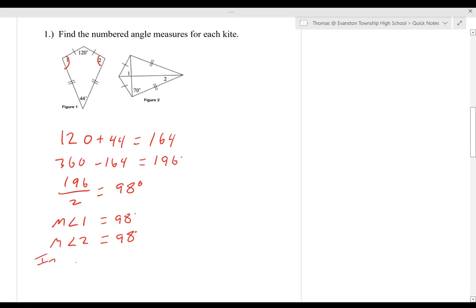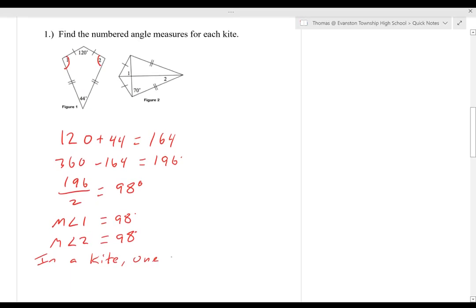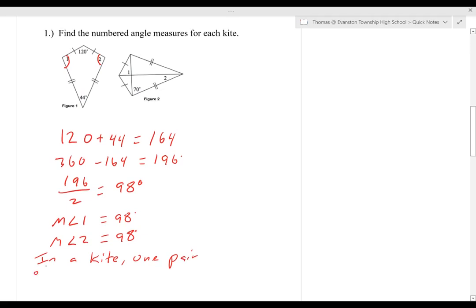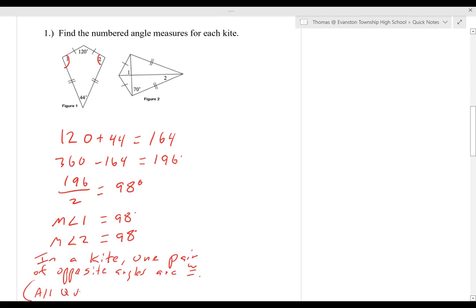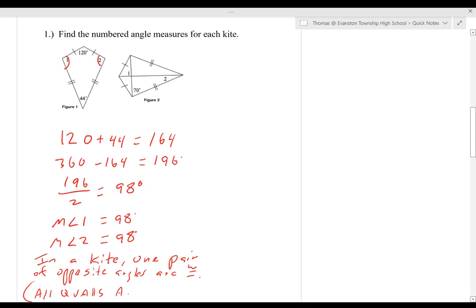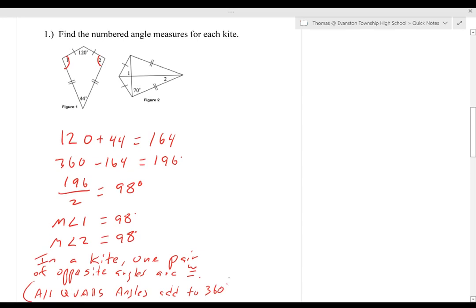So in a kite, one pair of opposite angles are congruent. And all quads' angles add to 360 degrees.